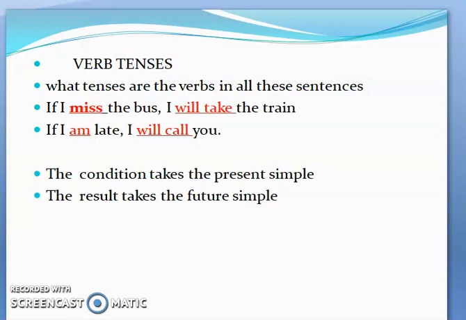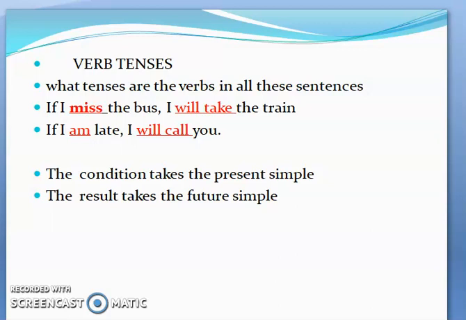One is the main clause and the other one is the if conditional clause. Wherever you get if, that is called the if conditional clause. Whenever you write an if conditional clause, make use of simple present tense, and whenever you write your main clause, make use of simple future. That is what you need to use in the first conditional sentences.